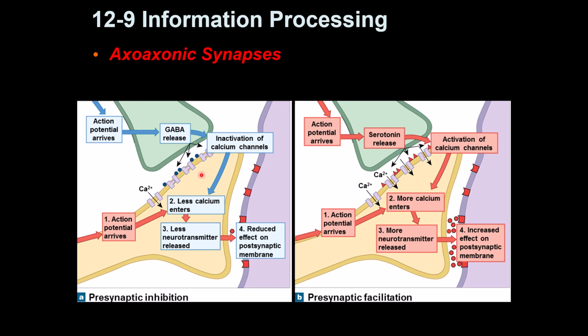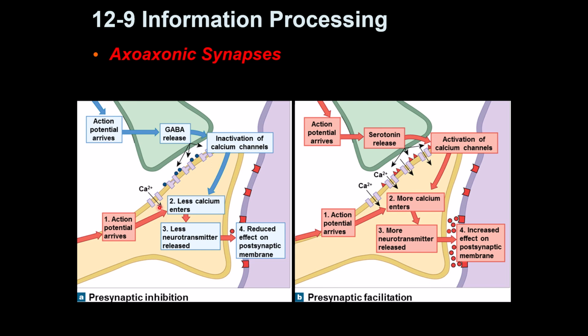So in here you have one axon, and once the action potential comes, the calcium enters and the vesicles will release the neurotransmitter, and that will affect these channels in the postsynaptic membrane. Here you have a different neuron that will release GABA. GABA is inhibitory. Once GABA is released, the amount of calcium that enters the cell will decrease.